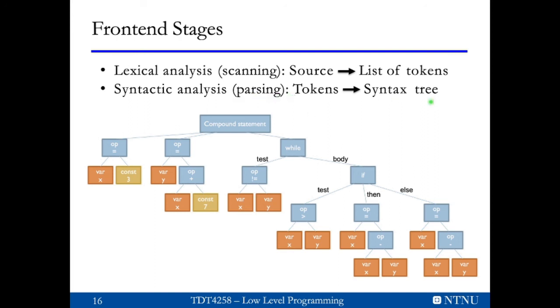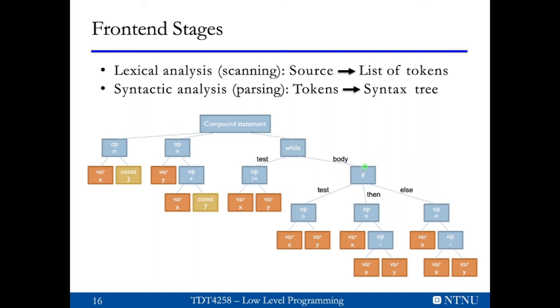So for example, we have a tree like this one here, and we can say a compound statement might be made up by some operators, like assigning a constant value to a variable x here, assigning something else, like an arithmetic expression x plus 7 to a variable y. It might contain a while statement. A while statement has a loop test and a loop body, and so on.